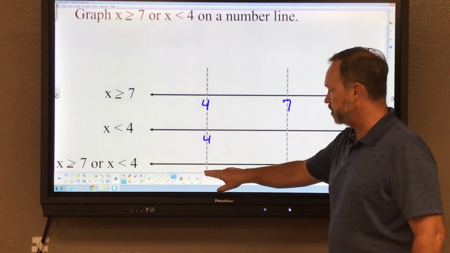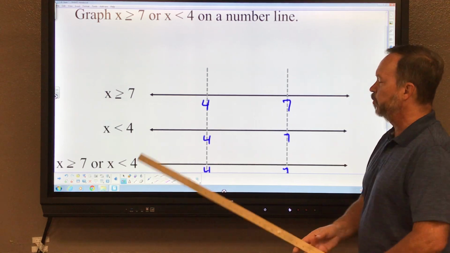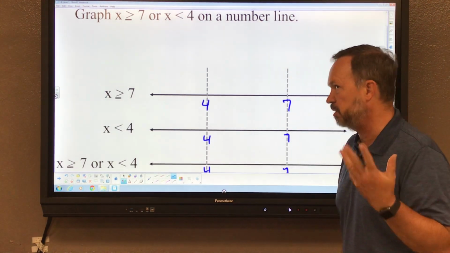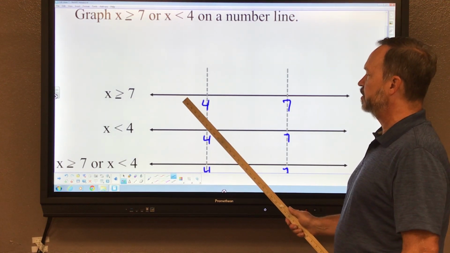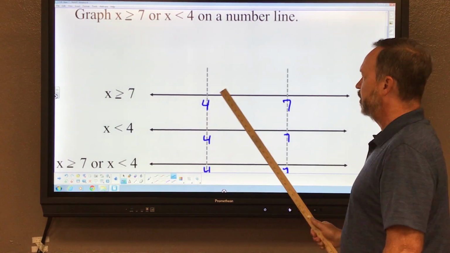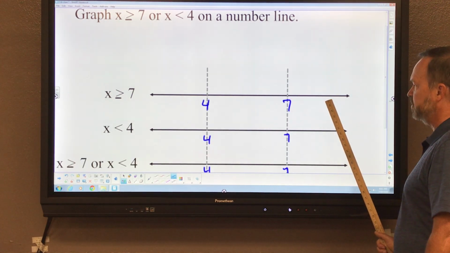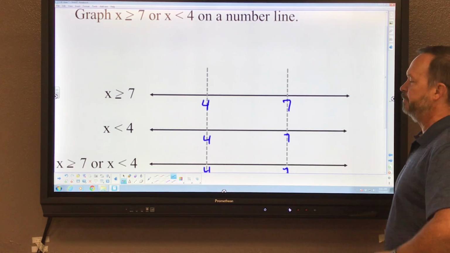And of course 4 goes here and 4 goes here. And 7 goes here, and 7 goes here. So I'm really breaking my number line down into 5 pieces. And you're looking at it going, I only see 3. The part to the left of 4, the part between 4 and 7, the part to the right of 7, 4, and 7. Those are the 5 pieces.